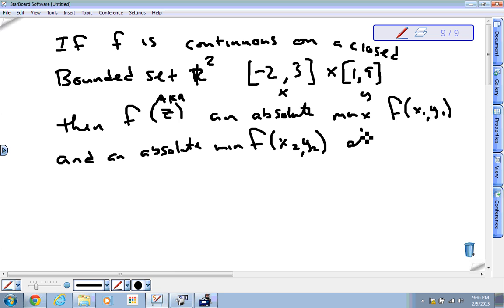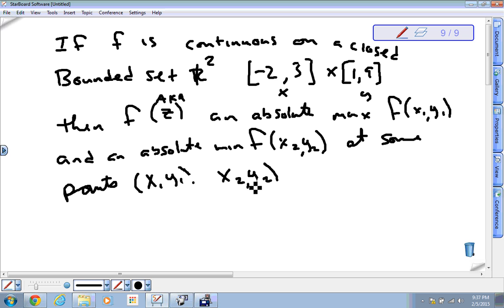At some points x1, y1 and x2, y2 in D. And again, this thing right here is my D. That is, x goes from here to here, and y goes from here to here.